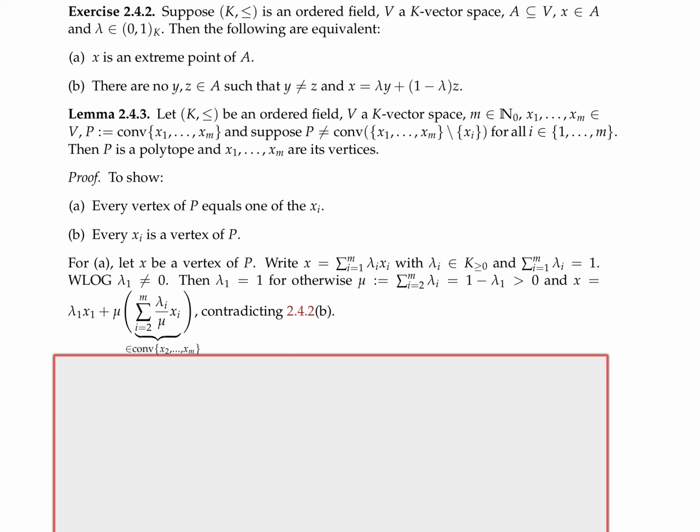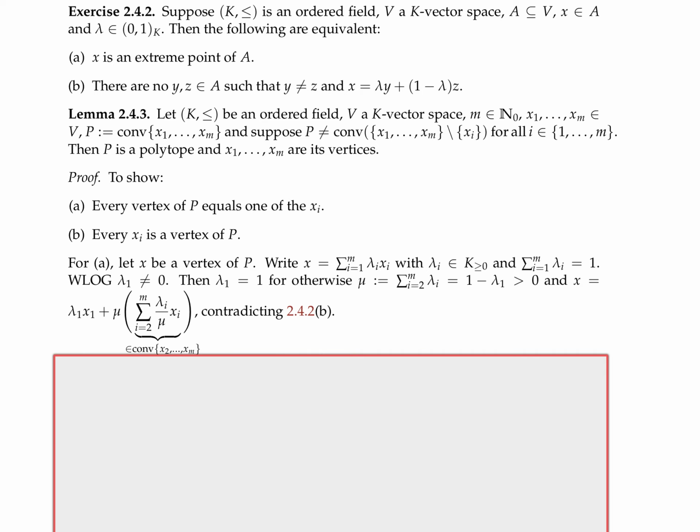And I have just to verify that they are not equal. And then the lambda 1 plus mu obviously is 1, right? So that would contradict the given hypothesis that x is a vertex of P.